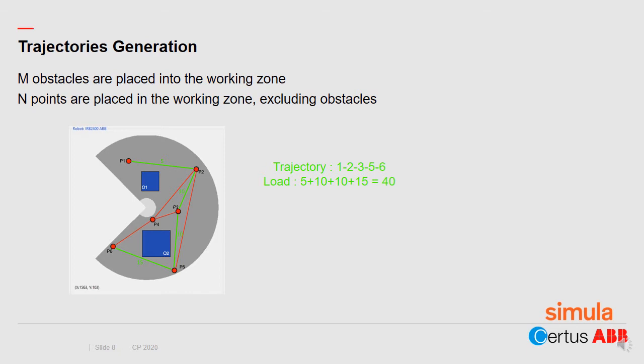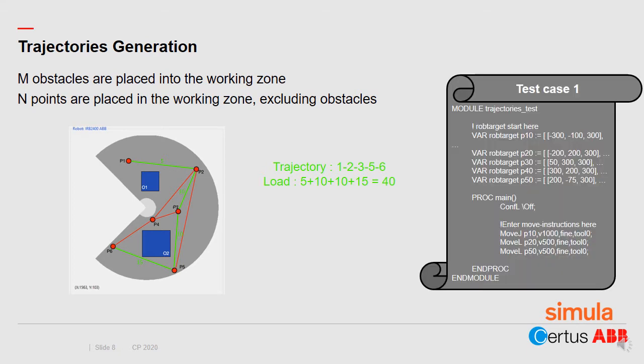And the goal from this is to create a test program. This test program is a motion instruction for the robot. From this, you can also have a different trajectory. Now we are going from P1 to P6, but through P2, 4, 3, and 5.